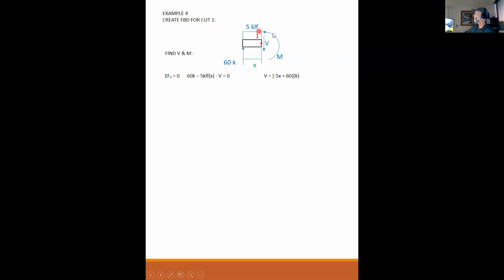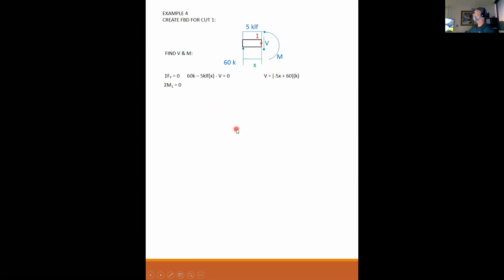I have my 5 kips per lineal foot times X pushing down, so that's negative, minus my shear is negative. So my shear, if I solve for V over here, I get minus 5X plus 60, and the units are kips. So yes, a uniform load produces a linear shear.